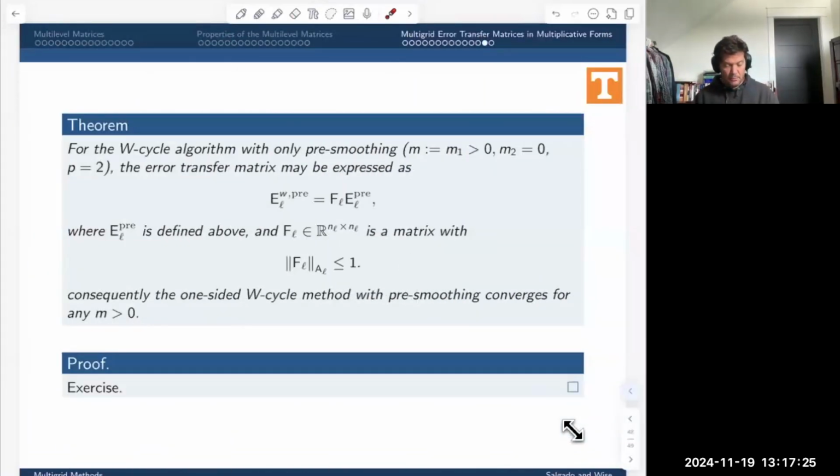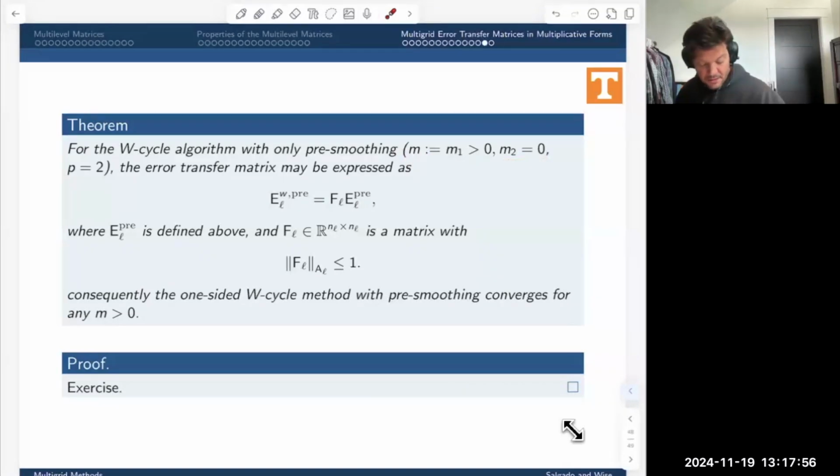All right. So let's finish up this section with a couple of theorems whose proofs I won't do, but I'm hoping you guys can do. So for the V-cycle algorithm with only pre-smoothing, that again is one of our standard algorithms, and it's defined by setting M1 equal to some value M, M2 equal to 0, and choosing P equal to 2.